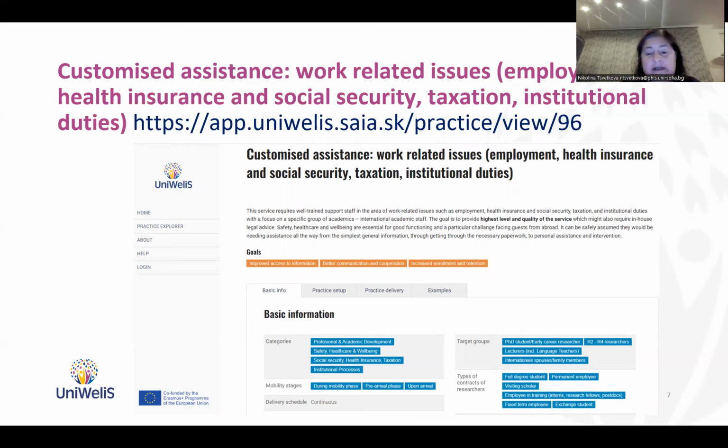These are the international academics coming to stay at your institution. The goal is to provide the highest level and quality of the service, which might also require in-house legal advice. Safety, healthcare, and well-being are essential for good functioning and a particular challenge facing guests from abroad. It can be safely assumed they would be needing assistance all the way from the simplest general information through getting through the necessary paperwork to personal assistance and intervention.